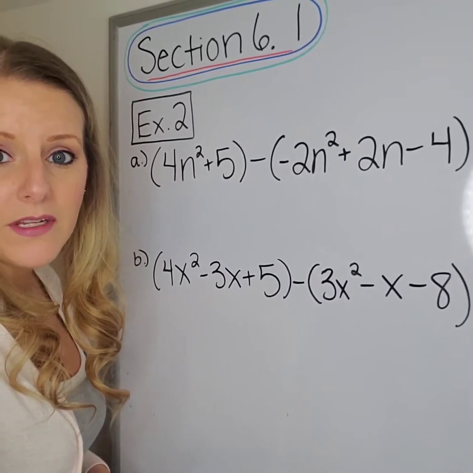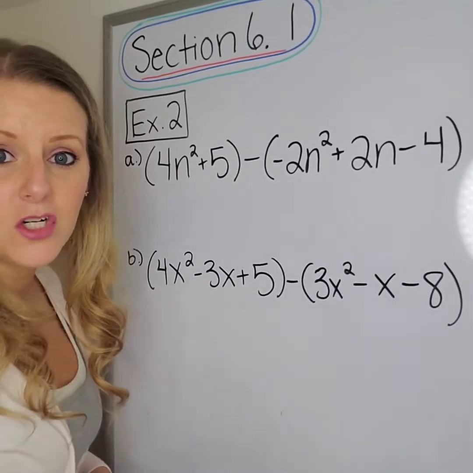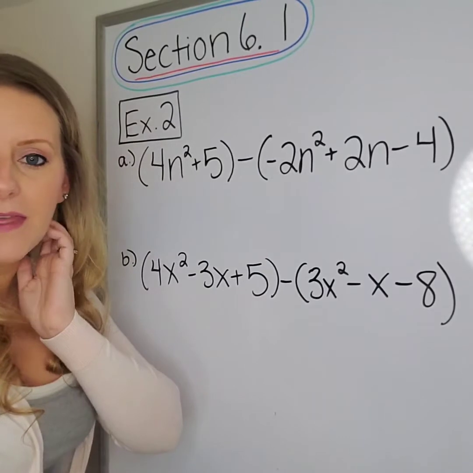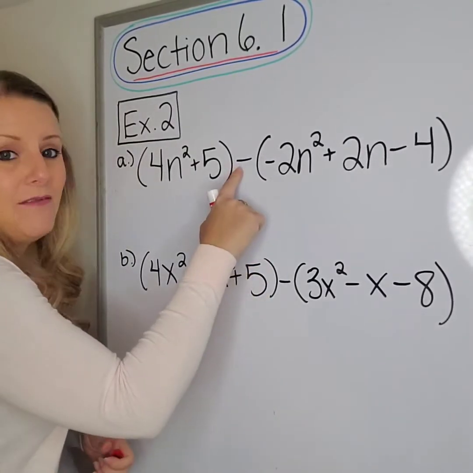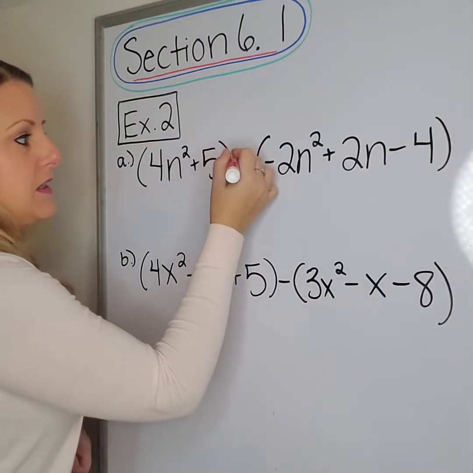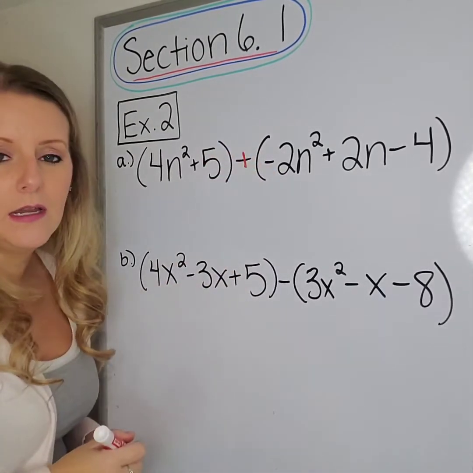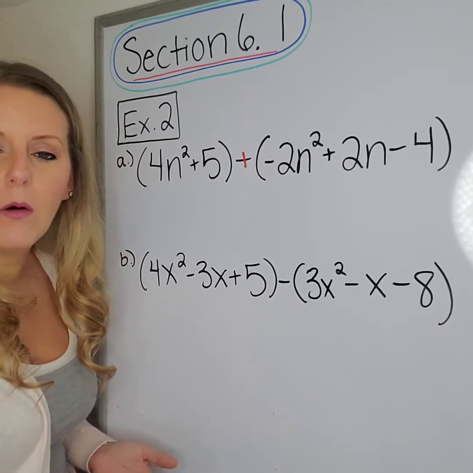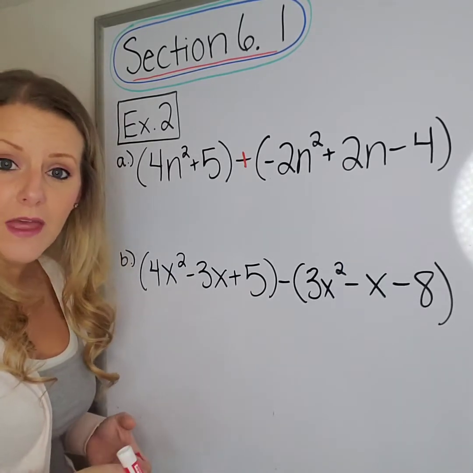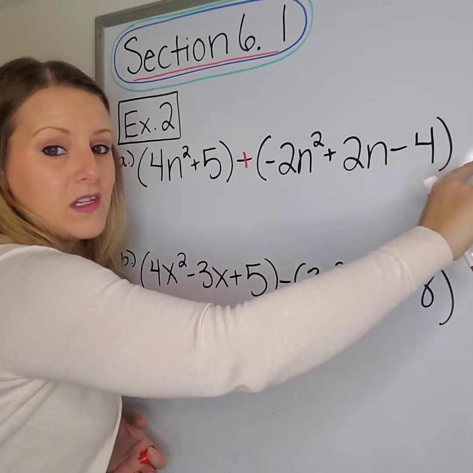So what I've noticed in the past is it's a lot easier just to change it to a plus sign, and then you don't have to worry about the double negatives. So if you have a minus in between the 2 parentheses, you change it to a plus. Now, wouldn't that be great if we could just change it to a plus and not change the problem? Well, we are changing the problem. So if we're going to do that, we have to change all the signs after it.